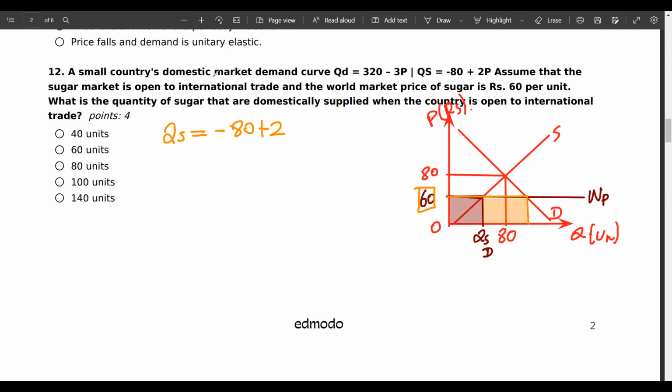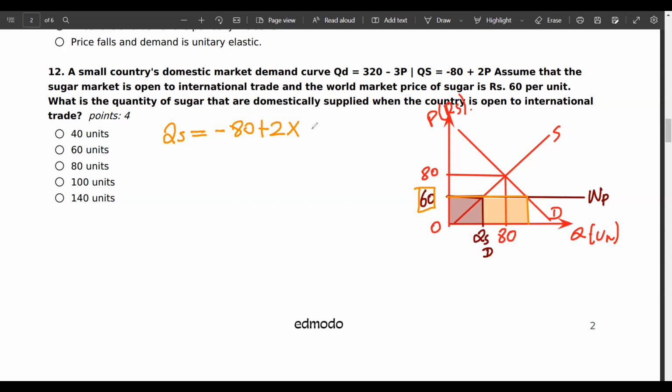supplied in Sri Lanka? So how do you find out? Simple. You take the supply equation and you know at what price now the product has to be supplied? The world market price, because the world market price is less than the market equilibrium price, right? If the market equilibrium price in the domestic market was less, then no need to worry. We could have sold at the domestic price itself.